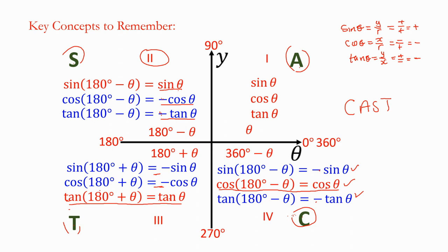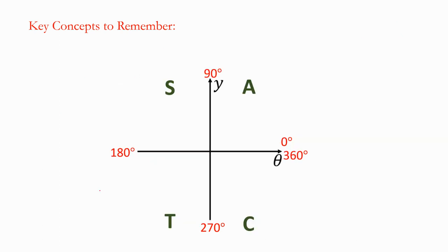Just remember that. Okay, so this cast diagram will assist us a lot when we're doing the reduction formula. Right, and then let's say we have our angle, which is 315 degrees. In which quadrant is it? It is in quadrant 4. You see that? So that is our angle, 315 degrees. Then it's going to be 360 minus theta. In this case, our theta is going to be 45 degrees.